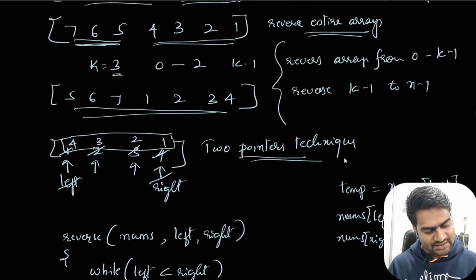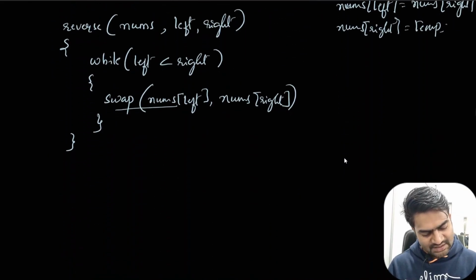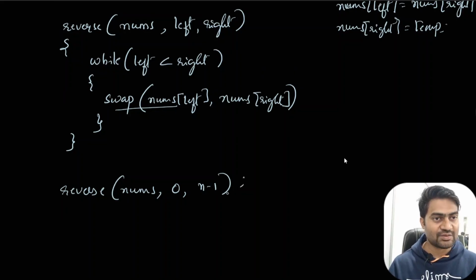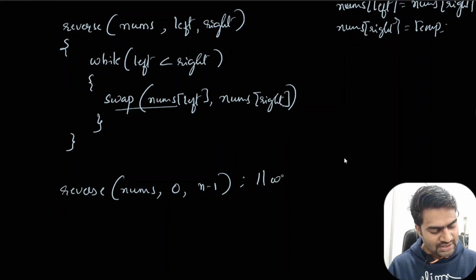Now we will actually apply this logic. I will call reverse with nums as our input, my left will be 0, and my right will be n minus 1. This statement will reverse the whole array, correct?